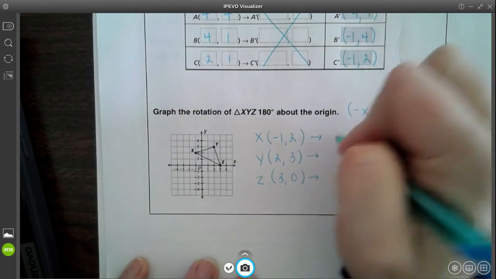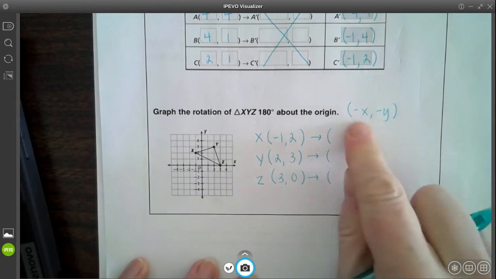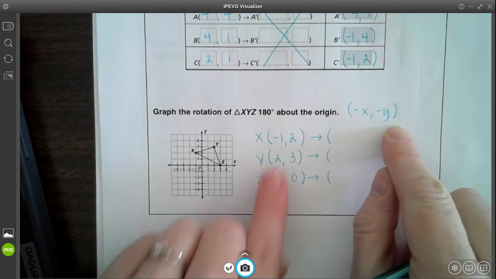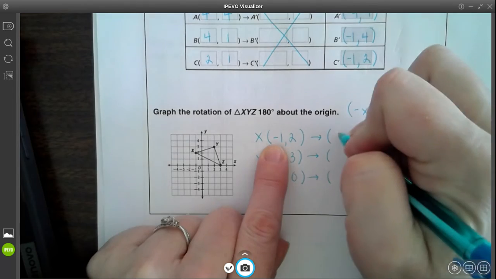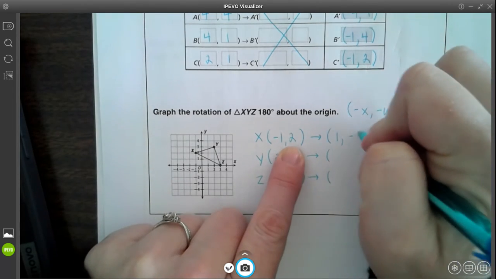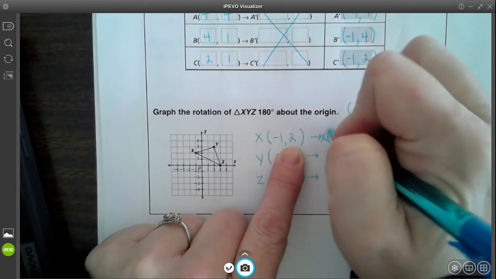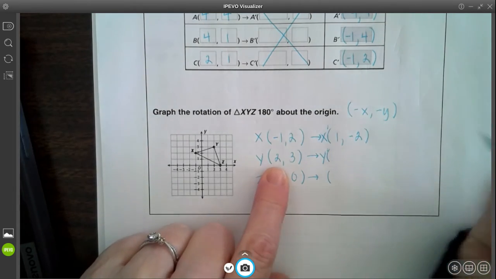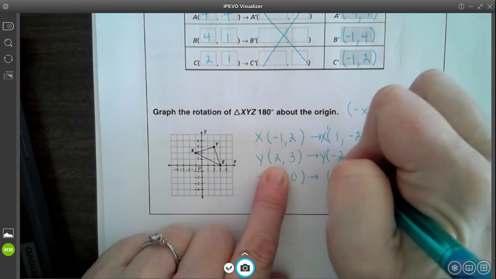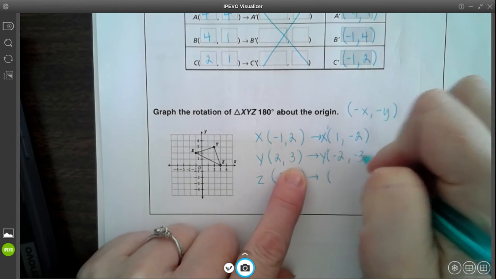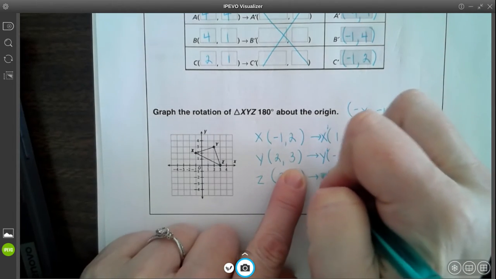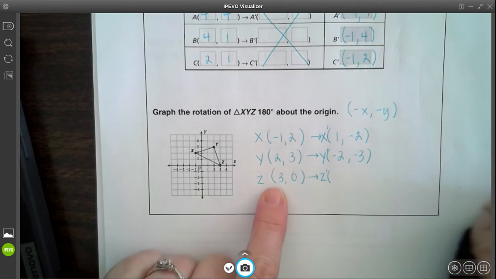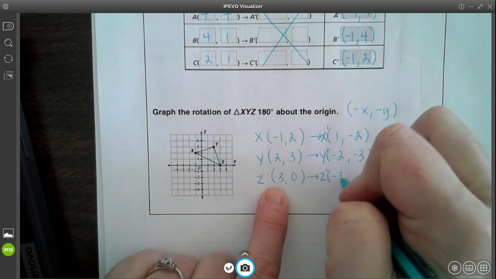Okay, so 180 is pretty easy. All we do is write the opposite of both coordinates. So the opposite of -1 is +1, and the opposite of +2 is -2. Whoops, that should be called X prime. All right, Y prime: the opposite of 2 is -2, and the opposite of 3 is -3. And then Z prime: the opposite of 3 is -3.